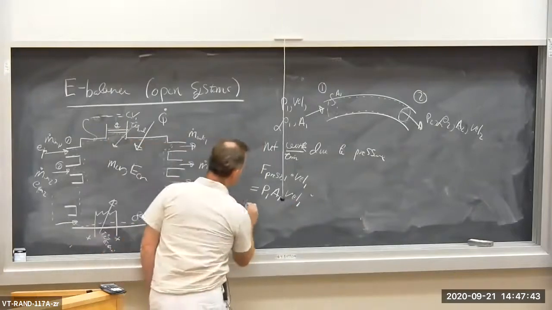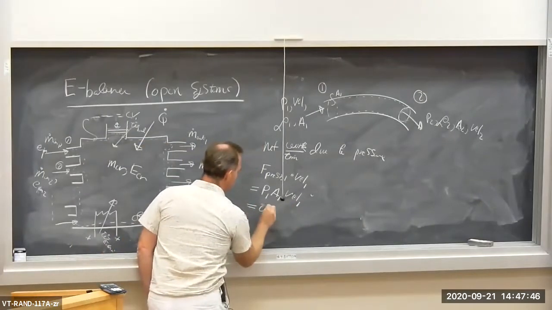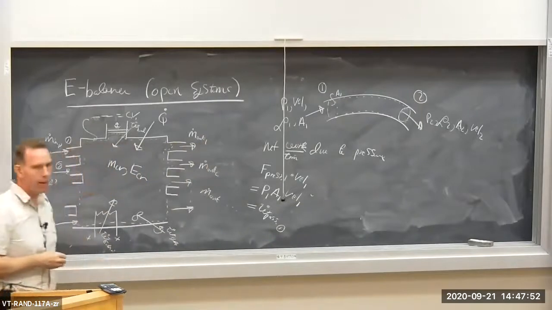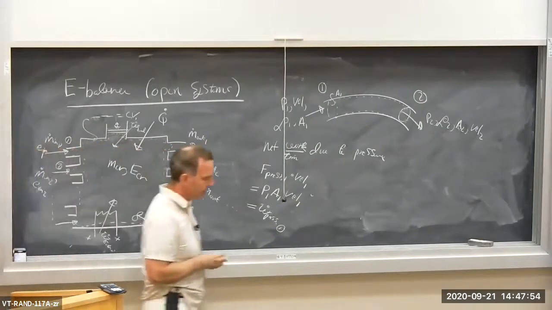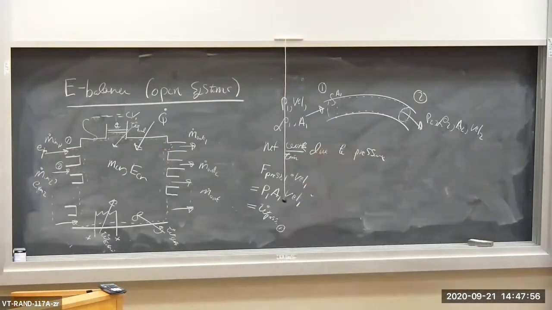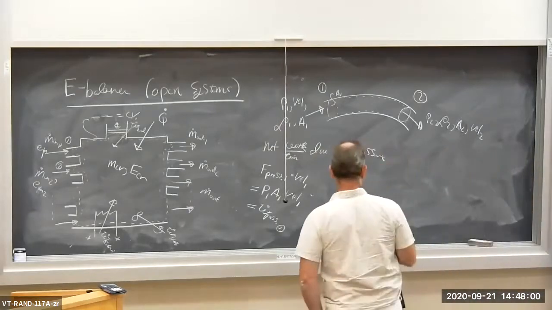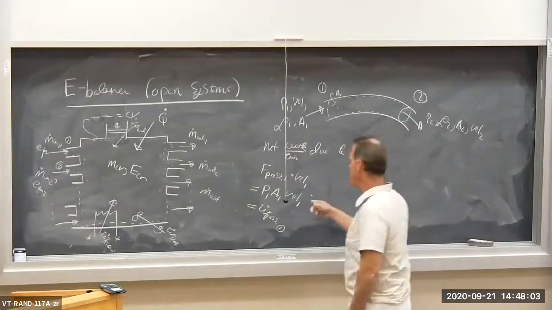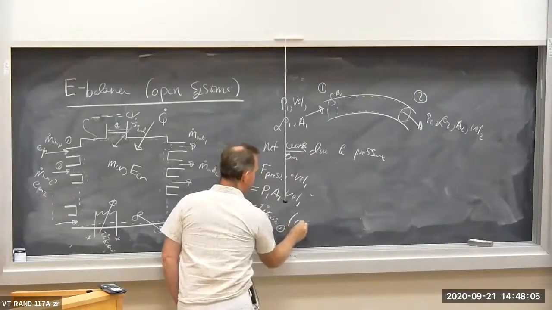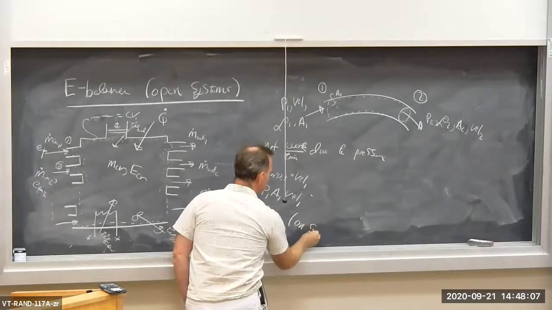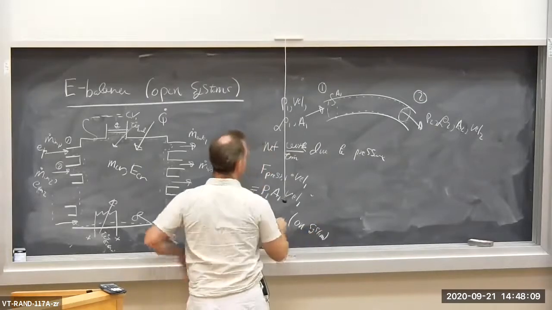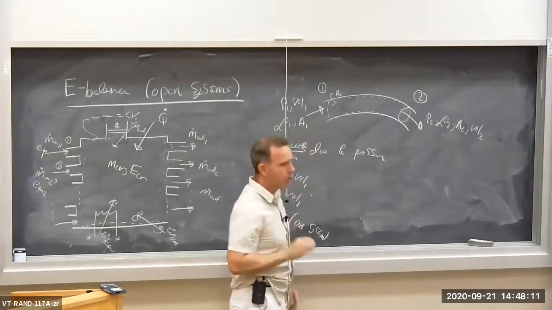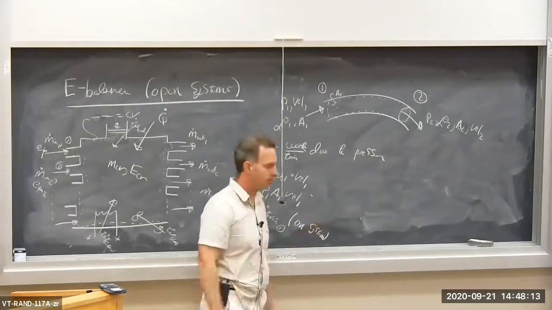So this is equal to W dot pressure at location 1. A force times the velocity gives me work per unit time. Let's do the same thing on the right. Now this is, by the way, on system. We're pushing the fluid in, so we're doing work on the system.